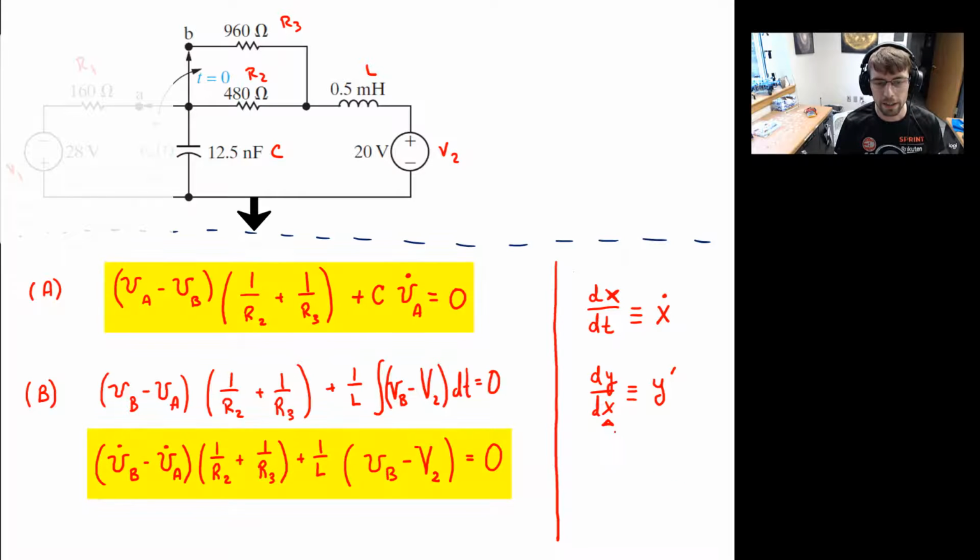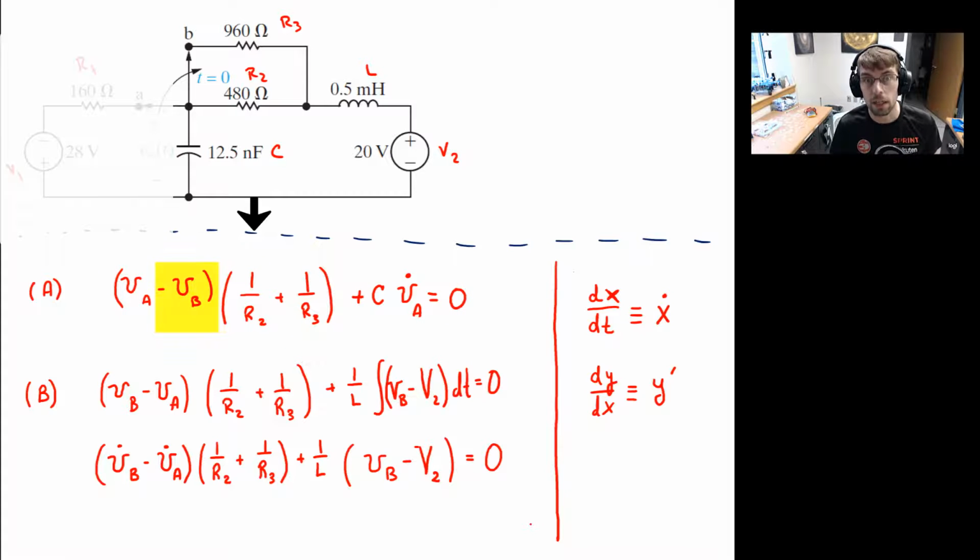So I think the process I am going to do is use the node A equation to get the potential VB by itself. So I'll use the node A equation to get VB in terms of VA. And then I'll substitute it into the node B equation. And then I'll have the differential equation I need. Okay, here we go.